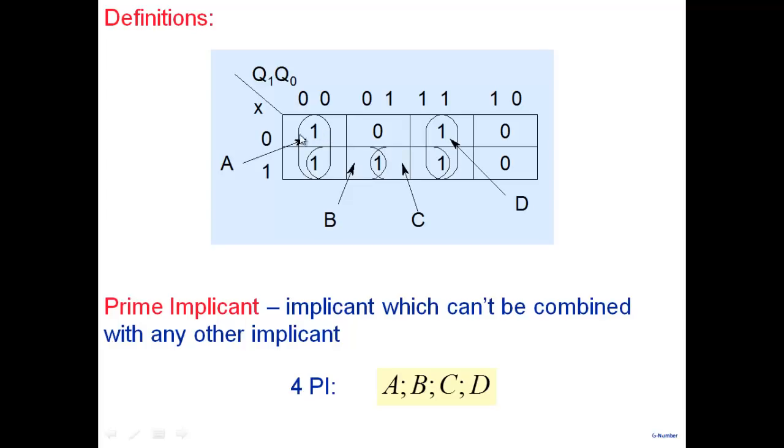So we can see here, obviously, A is an essential prime implicant. B is not an essential prime implicant because B covers this term which A also covers, and B covers this term which C also covers. C is also not an essential prime implicant. D is an essential prime implicant. It covers a term here which no other term covers.